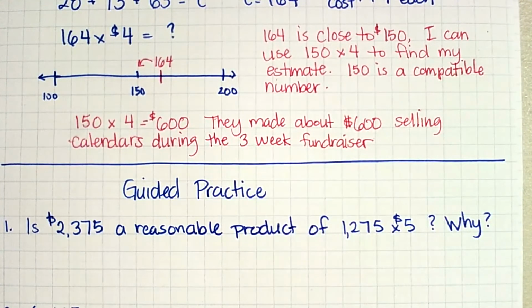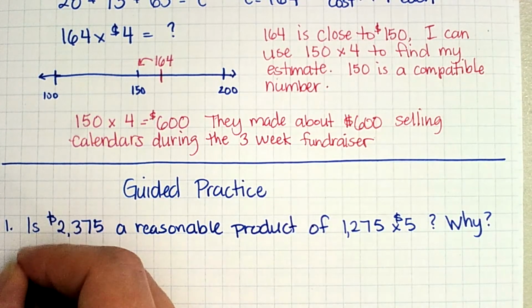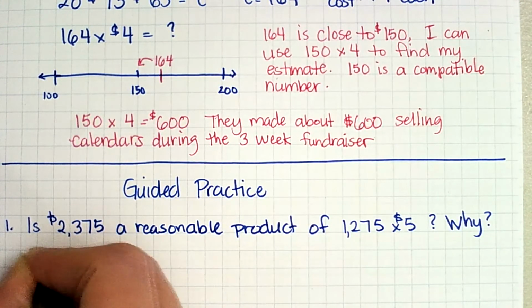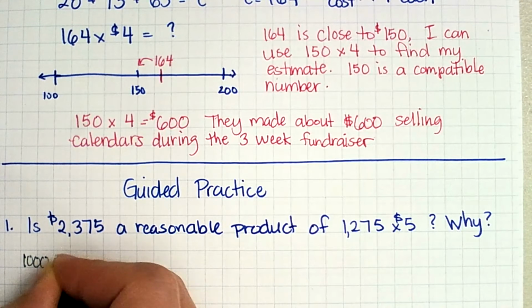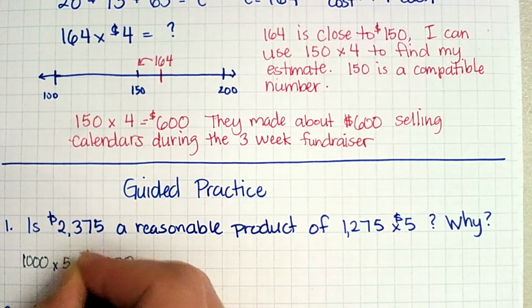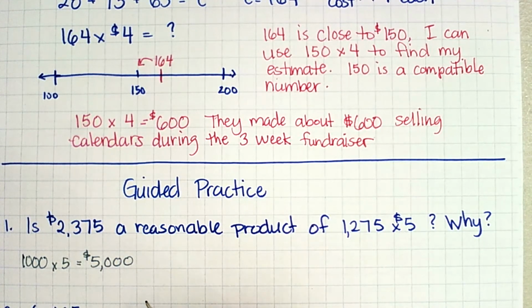Okay, so let's use our rounding. So 1,275, let's round to the nearest 1,000, for example. So 1,000 times 5 will give us 5,000. Is 5,000 close to 2,375? It is not close. It's actually really far away. It's almost twice as much.